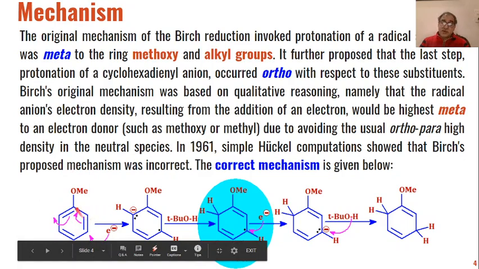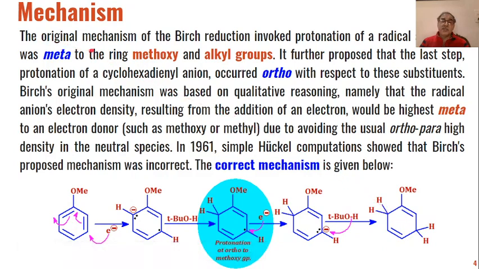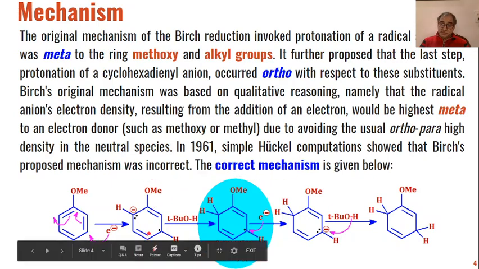So basically the product formed from this to this is the same as suggested by Birch, but the only thing is the mechanism which was given by Birch was that first the anion is formed at this place and this is protonated, whereas the actual mechanism is that the protonation first takes place at the ortho position and not at the meta position with respect to methoxy.